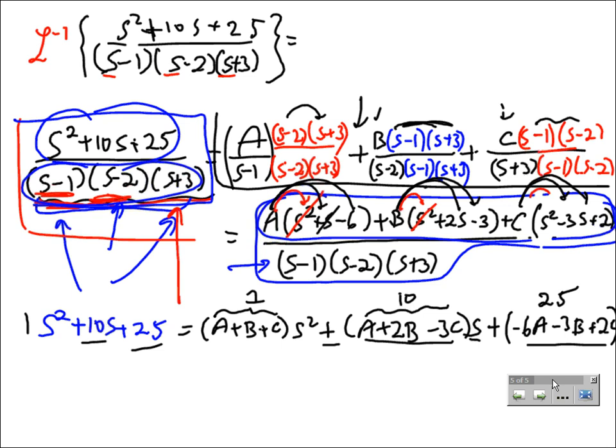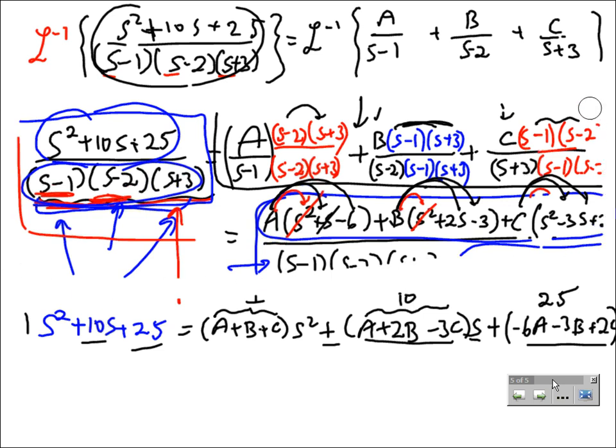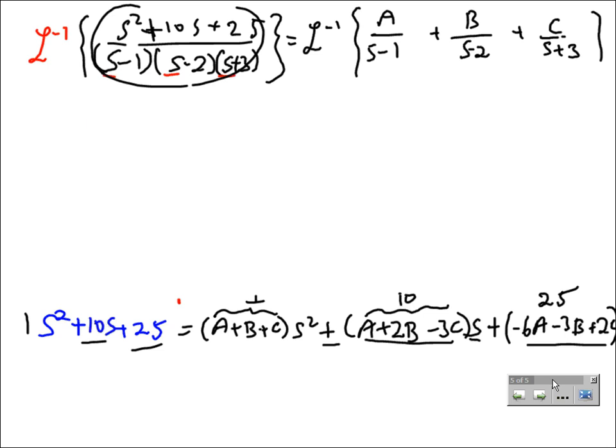Okay, so just to save some space, I'm rewriting what's in here as a over s minus 1 plus b over s minus 2 plus c over s plus 3. And let me erase this. Based on what we have in the bottom, I need to solve for a, b, and c.